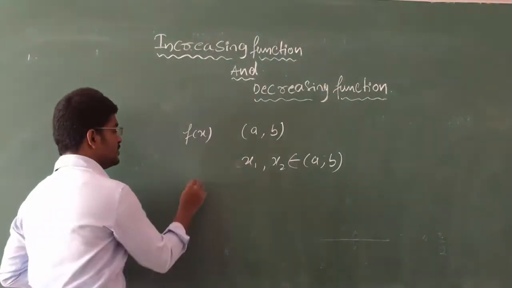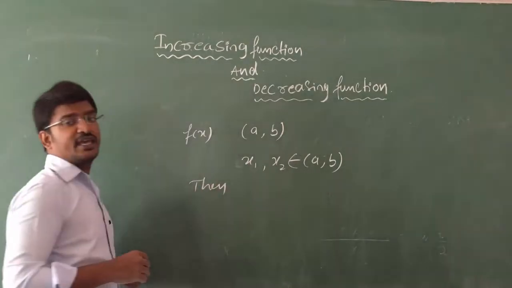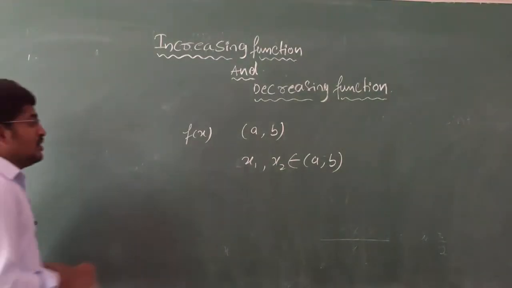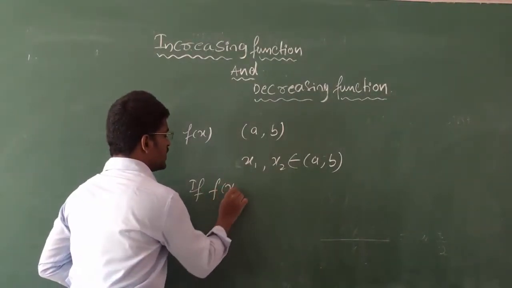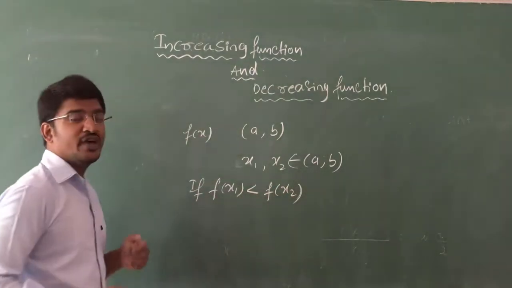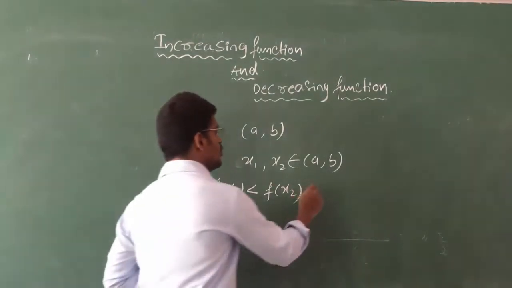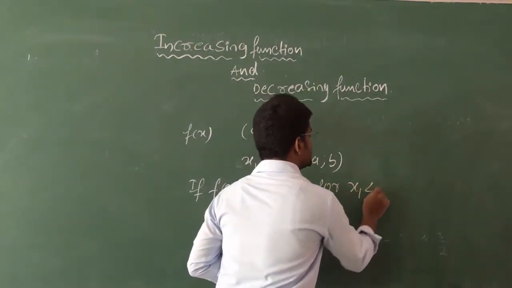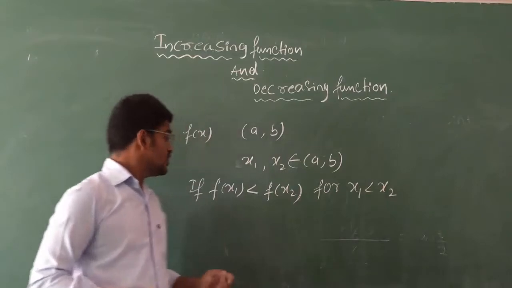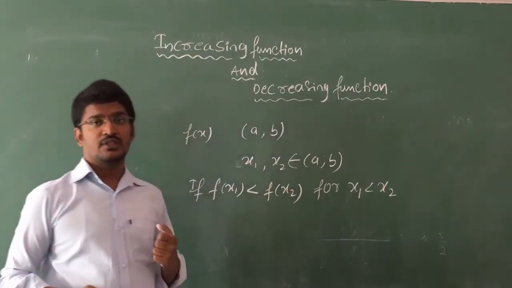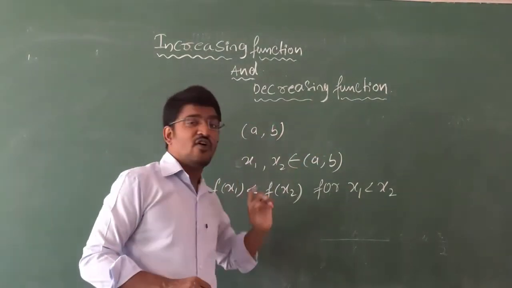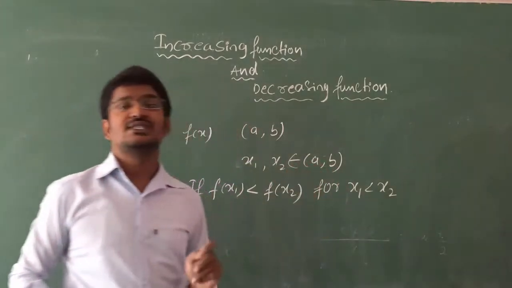Then, if f of x1 is lesser than f of x2 for x1 lesser than x2, that means for these two elements in this interval, f of x1 is lesser than f of x2 where x1 is also lesser than x2.